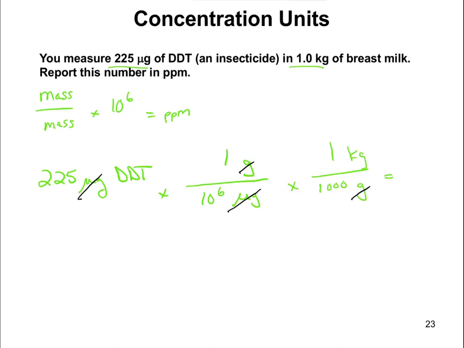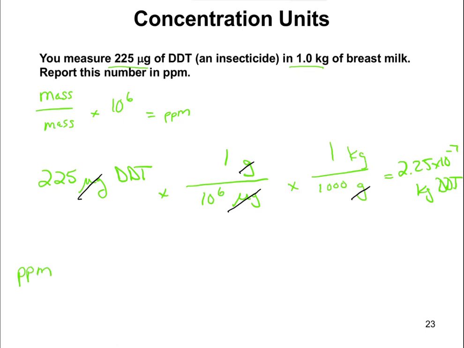Doing the math here, we get 2.25 times 10 to the negative 7 kilograms of DDT. That's the same thing as 0.000000225. I just wrote it in scientific notation to save some room.